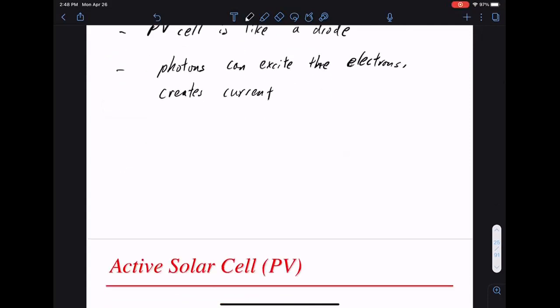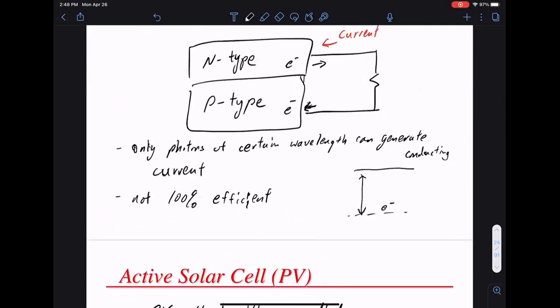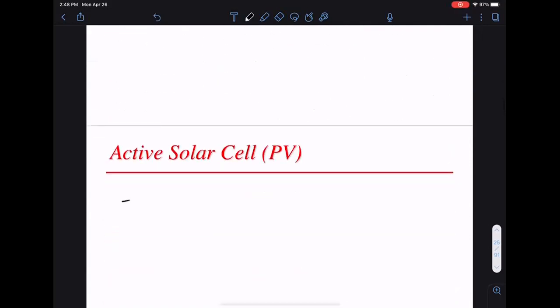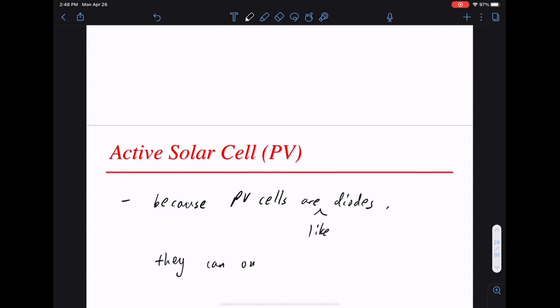And then if you think about this diagram and the fact that it is a diode, PV cells are essentially built like diodes and only produce DC current.